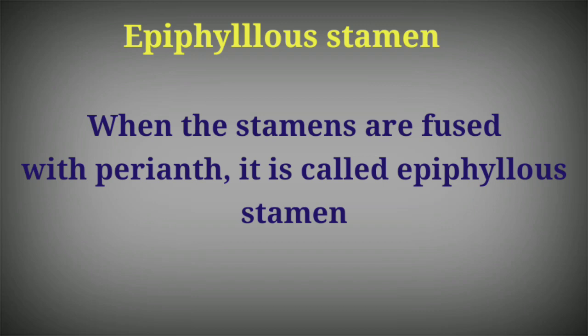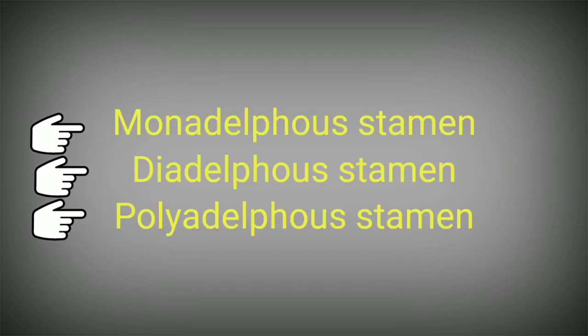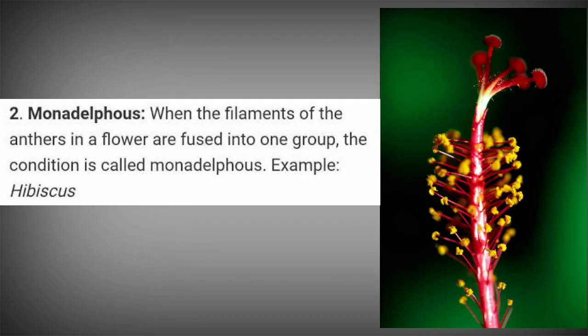Based on that, there are another 3 terms: monodelphous, diadelphous and polydelphous. As in the diagram shown here, the condition is of a monodelphous stamen.